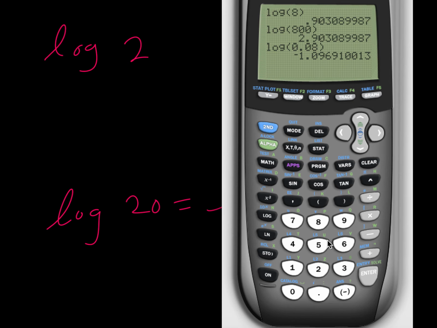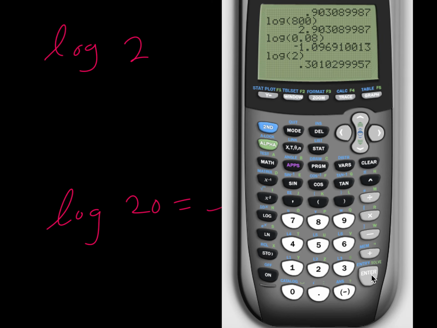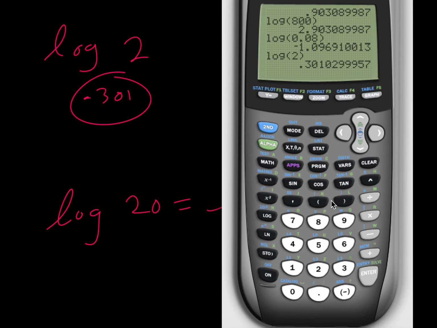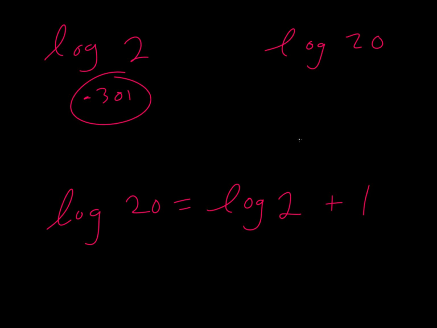So log 2 is 0.301. Based on this question, I'm sure log 20 is going to be 1.301, but let's double check that. Log 20. Yep, it is 1.301. Now, it's asking why log 20 is log 2 plus 1, because we just saw that that's what happens.